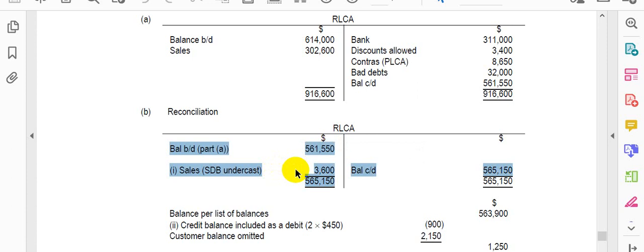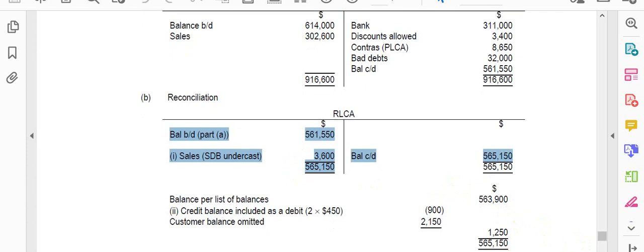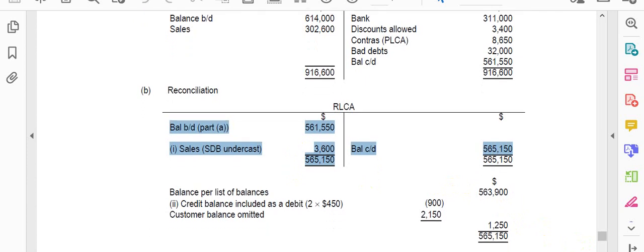So we correct the undercast by debiting this receivable ledger control account to give us now a balance of 565,150. Then go a step further now to reconcile with the receivable ledger.